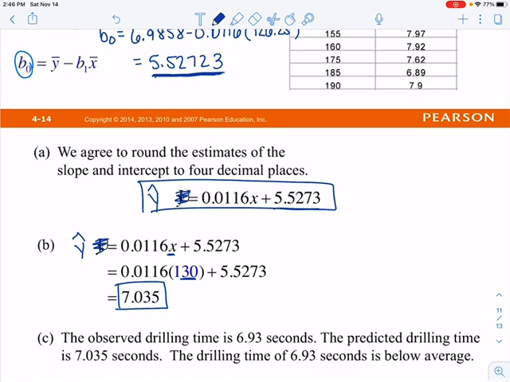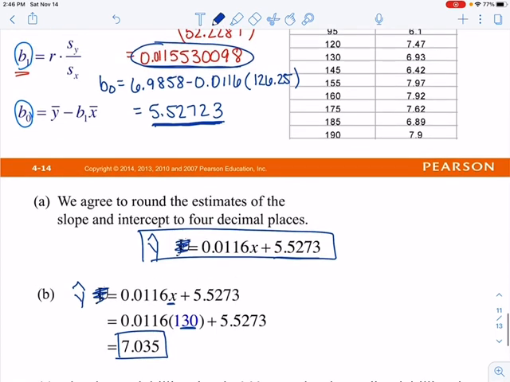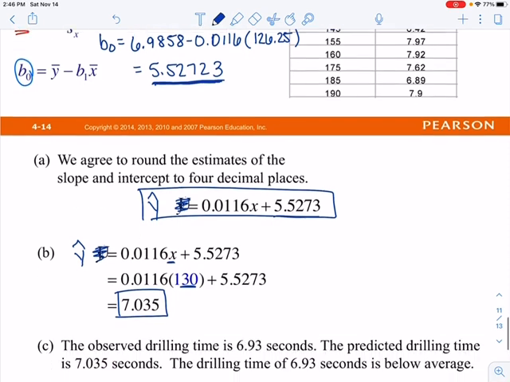For part C, it wanted to know, is the observed drilling time at 130 feet above or below average? So for the observed time, literally all I'm doing is going back into the chart. Here's 130. That's where I'm getting that 6.93 from.